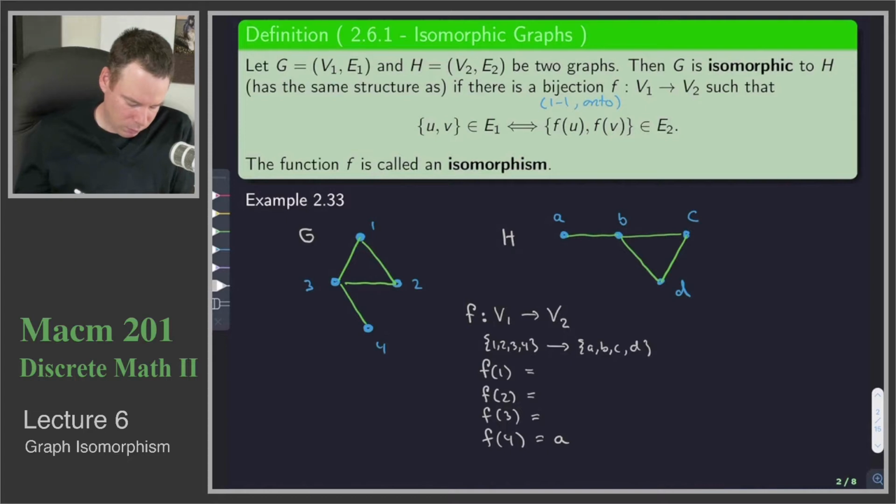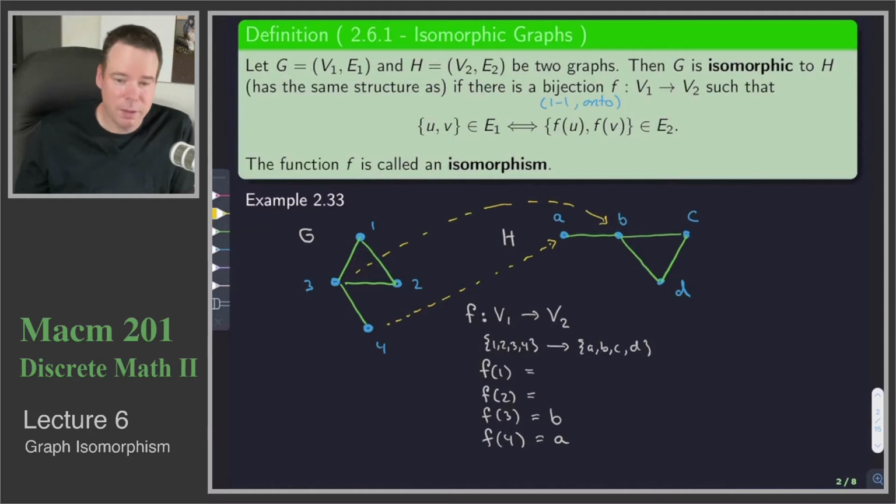And because 4 connects to 3, and 4 is being associated with A, and A connects to B, that means 3 should get mapped to B. So we've got these mappings here where I'm taking this 4 and associating it with that vertex there. And therefore 3 is going to get associated with this vertex there. And then we've got the remaining two vertices, 1 and 2.